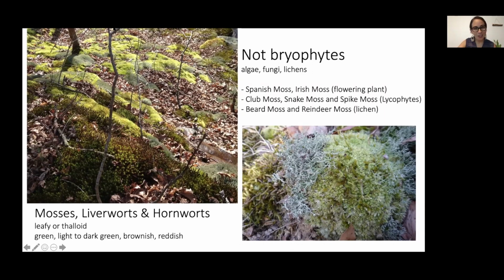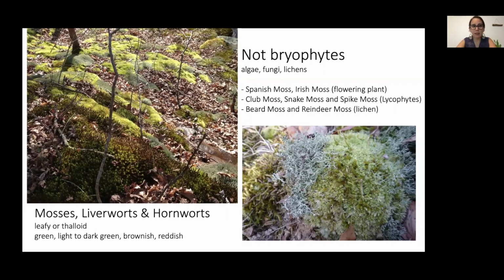That's what I said, look for color, look for shape. But between them, there is this other thing that is not a bryophyte, and those are the lichens. You can find lichens like this, the beard moss, the reindeer moss, and they are lichens.